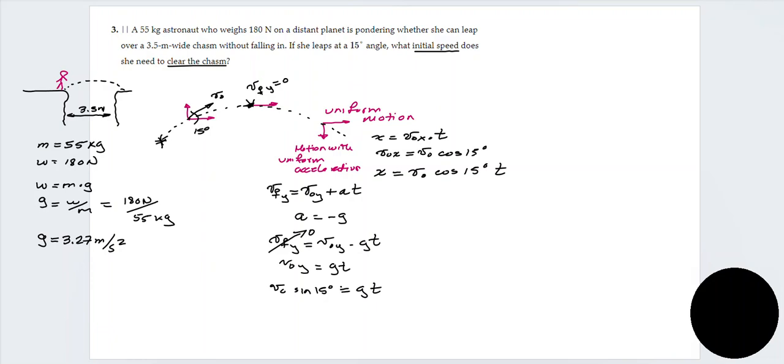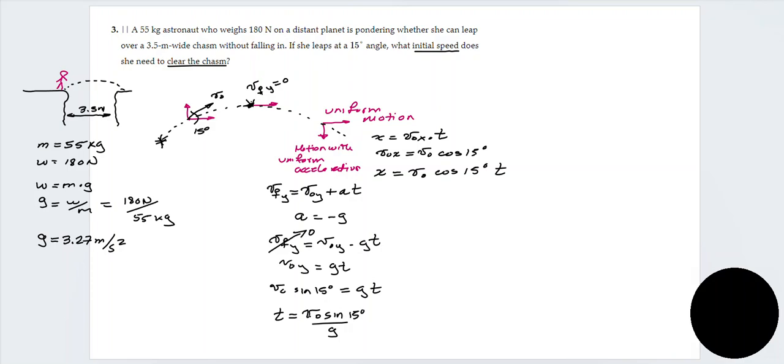We can solve for t, so we get that t, the time needed to reach the highest point of the trajectory, will be v sub 0 sine of 15 degrees divided by g, right?